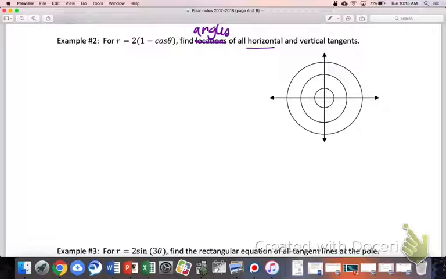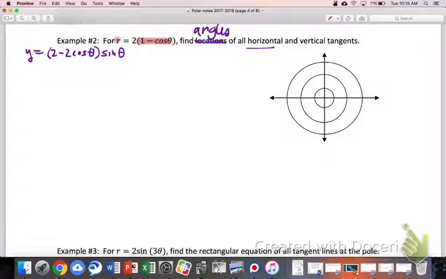So the first thing I would do is write y is equal to, if it's okay with you, I'll distribute, 2 minus 2 cosine θ times sine of θ. That is r. Why is r? r is 2 times 1 minus cosine θ, which is 2 minus 2 cosine θ.